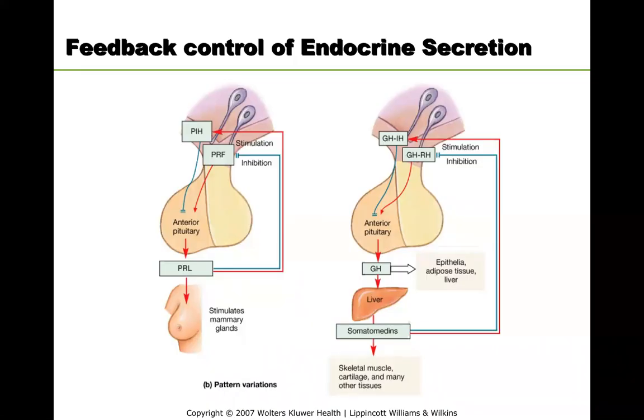Same thing in the case of growth hormone, the regulation of growth hormone production by the anterior lobe. When GHRH, growth hormone releasing hormone, is released, there is production of growth hormone. When GHIH, growth hormone inhibiting hormone, is produced, growth hormone production is reduced.